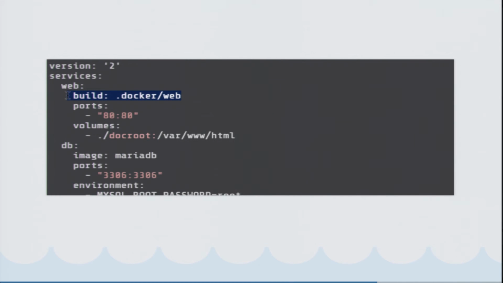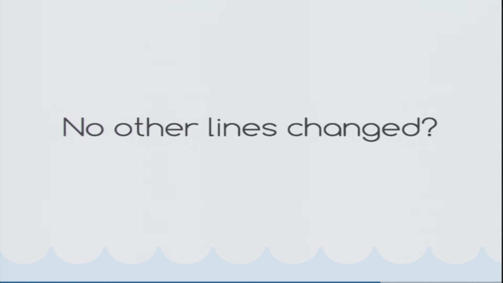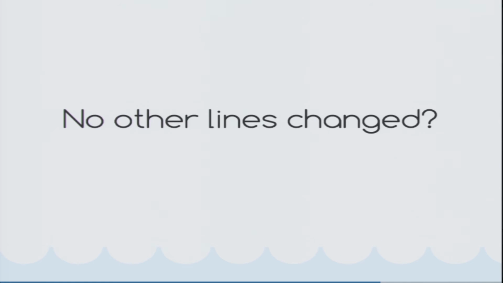We just changed that one line. It says build, go to the Docker directory, which is local to it, in the same root directory as our project, where the Compose file is, to web, where the Docker file lives. We don't need to specify the name Docker file. So we only needed to change one line, just one line, and suddenly it works.